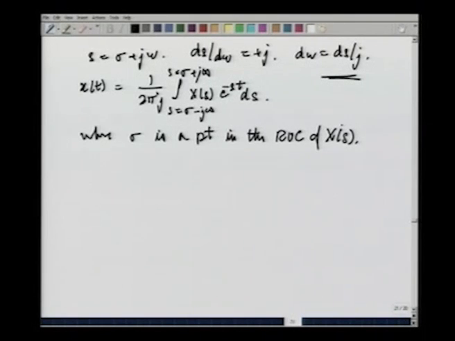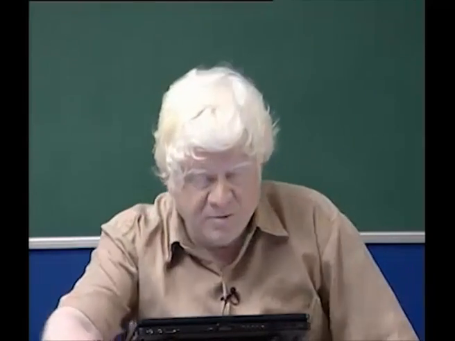If you try to integrate it over a point outside the ROC, obviously it would not converge. So, you have to do it inside the ROC and then it will converge.